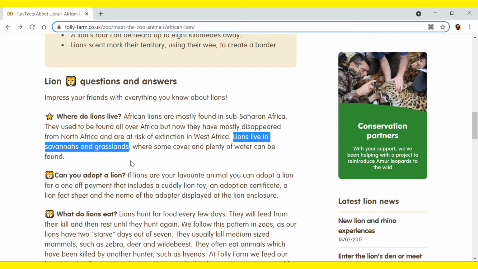These are the types of environments that lions might live in. So from this sentence, I can see that lions live in savannas and grasslands. So I'm going to take that information now and I'm going to put it into my gathering information chart in the right section. Let's go and do that now.